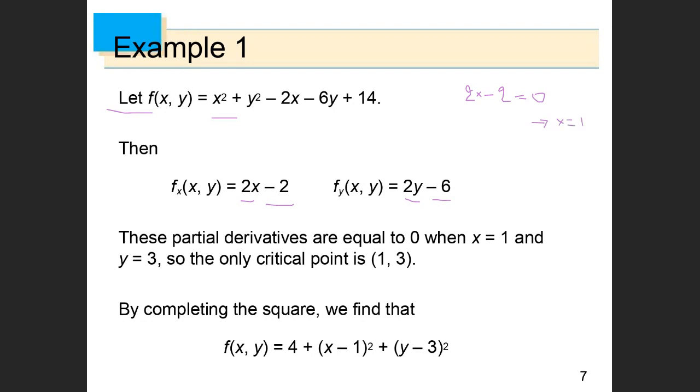And on the other side, you have 2y minus 6 equals 0. y equals how much? 3. These partial derivatives are equal to 0 when x equals 1 and y equals 3. So this is the critical point.